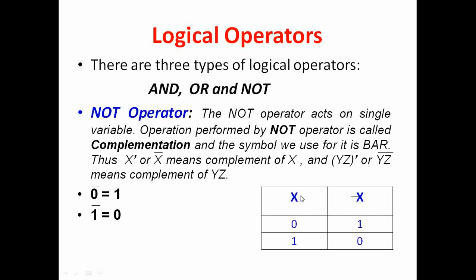This is the truth table for the NOT operator. Since it is a unary operator, it needs only one operand to function. If input X is 0, the output X bar makes 0 as 1, and if input X is 1, then X bar becomes 0.